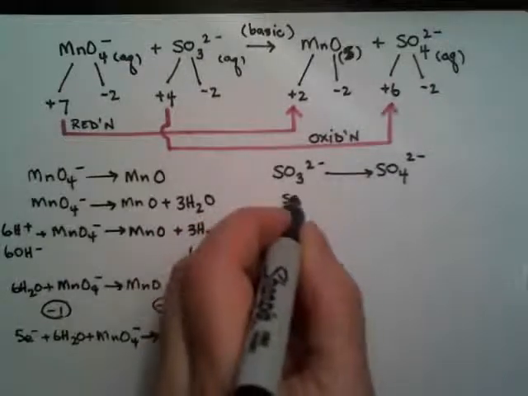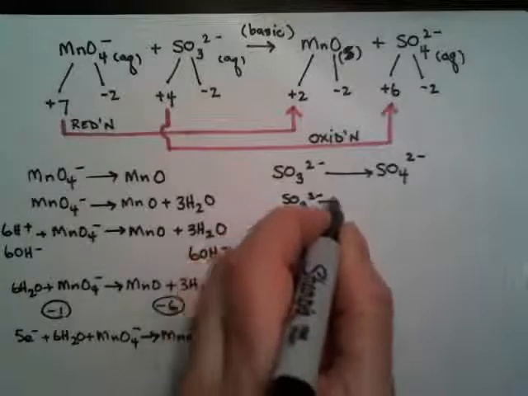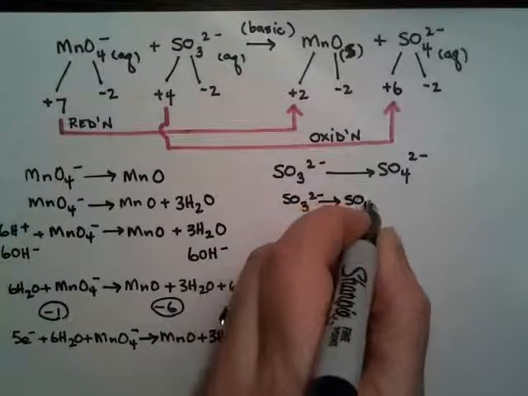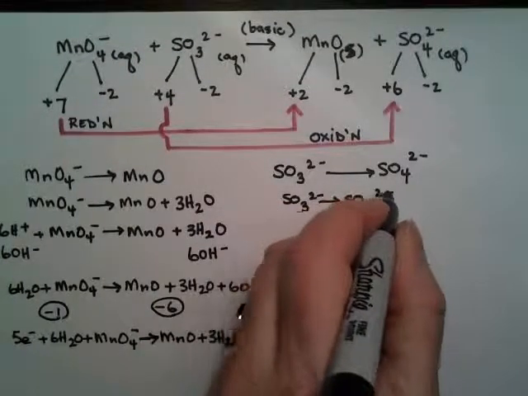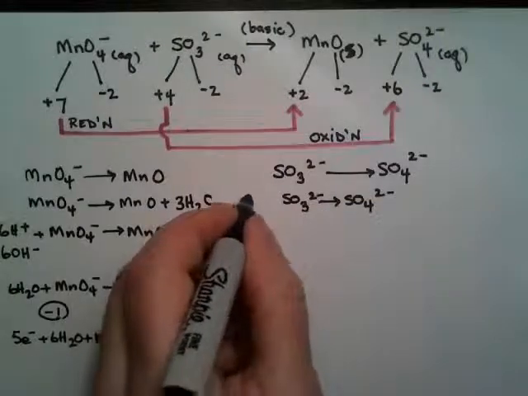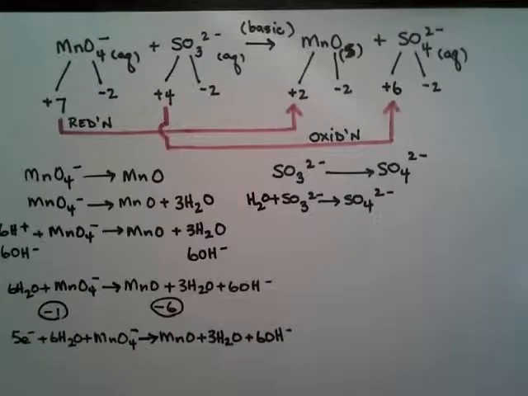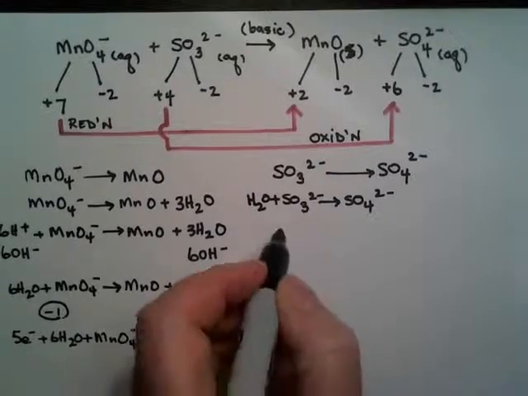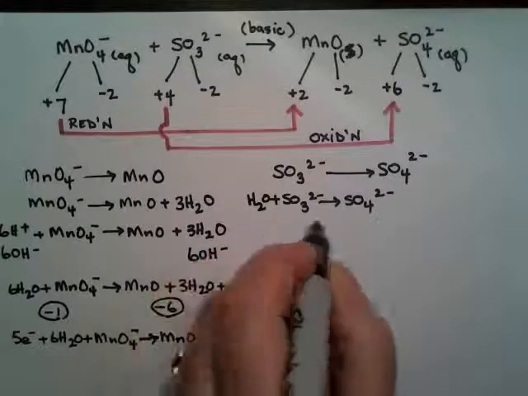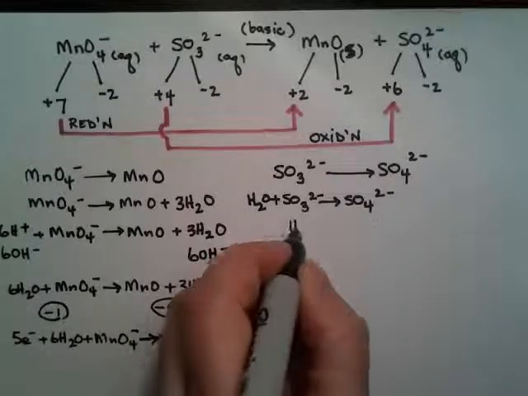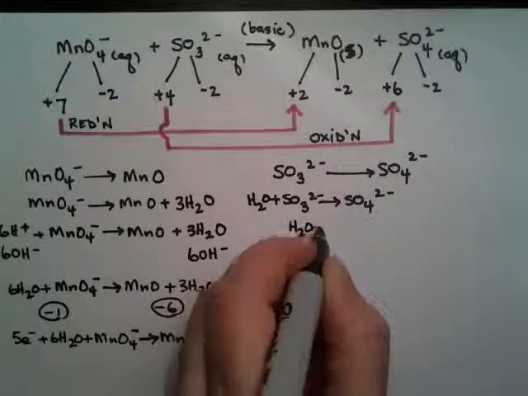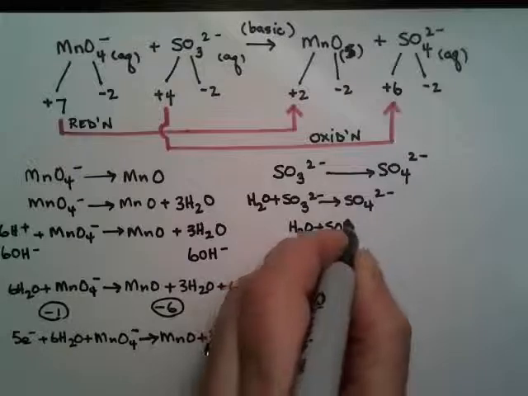The sulfur is already balanced, so I'm just adding a water molecule, which I didn't draw yet. There we go, H2O. I needed 3 plus 1, 4 oxygens on the left to match my 4 oxygens on the right-hand side. I've introduced H2O, so I need to add some over here.